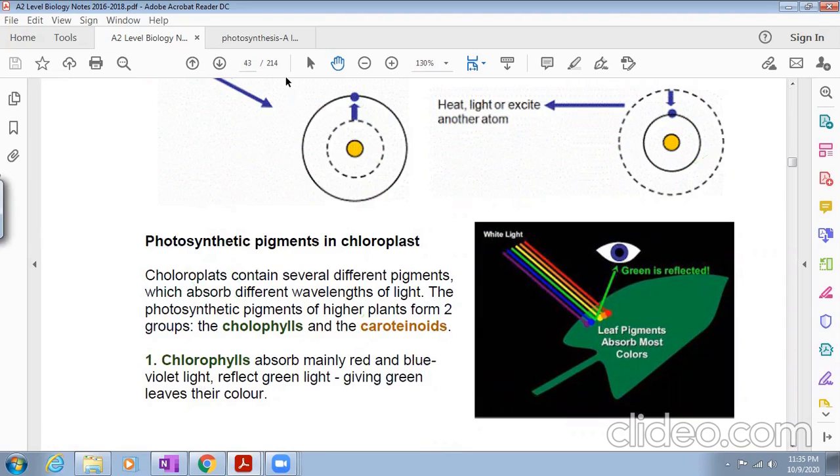Chlorophyll is absorbing these two types of light, red and blue-violet light, while it is reflecting what? Green light. You can see chlorophyll is absorbing red and blue light, while it is reflecting green light.